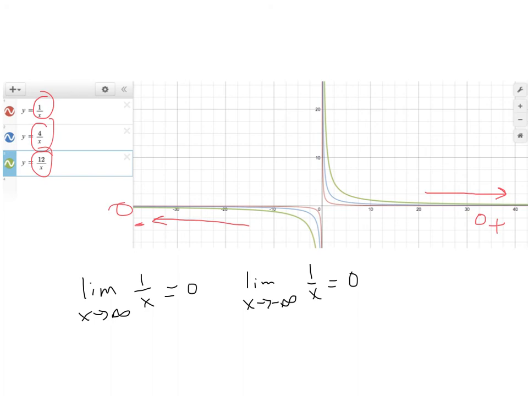If there's a constant on top and the variable x or some power of x on bottom, that thing's always going to go to 0 as x goes to infinity. And this picture kind of shows that there's an asymptote out here on either end, and we're heading towards these y values of 0. And that tool is going to help us solve some interesting limits.